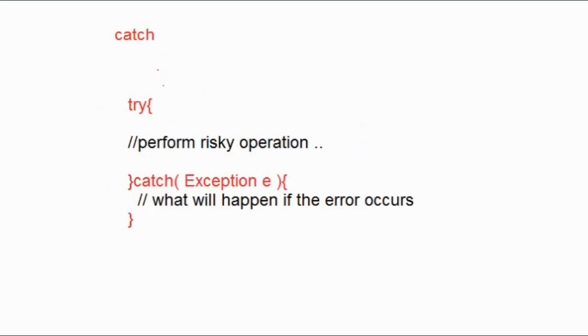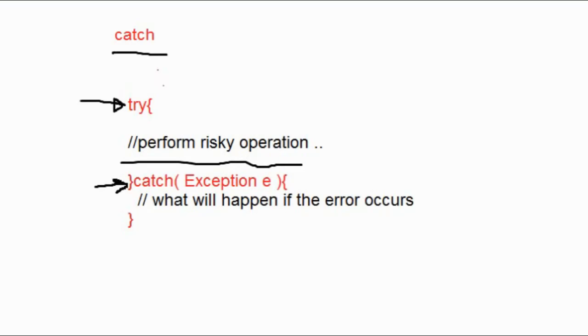So the next keyword we're going to look at is the catch keyword. The catch keyword is used within try and catch blocks to catch exceptions. So here we have also looked at the try keyword. The try keyword is used when you have a risky operation to perform. So you try the risky operation here and then you catch any errors that might result.